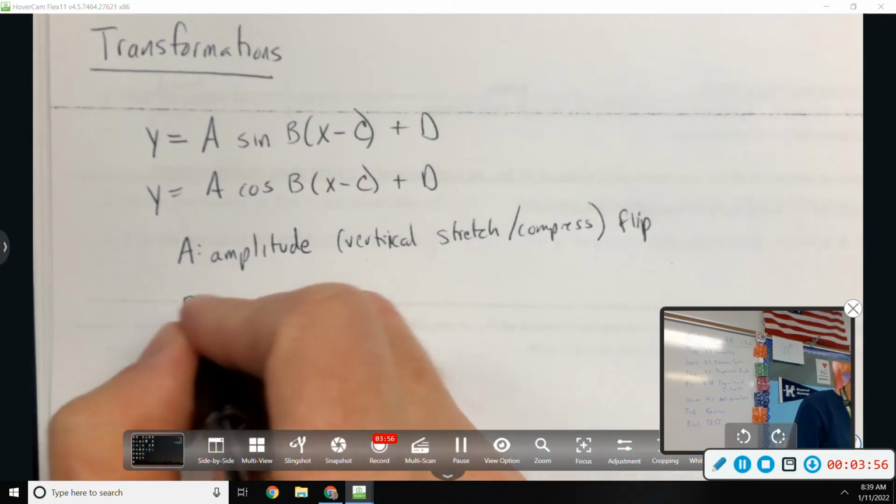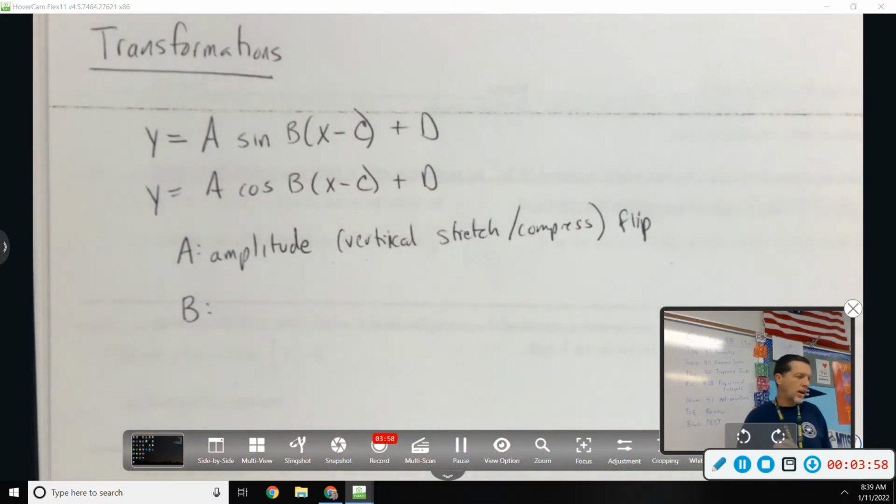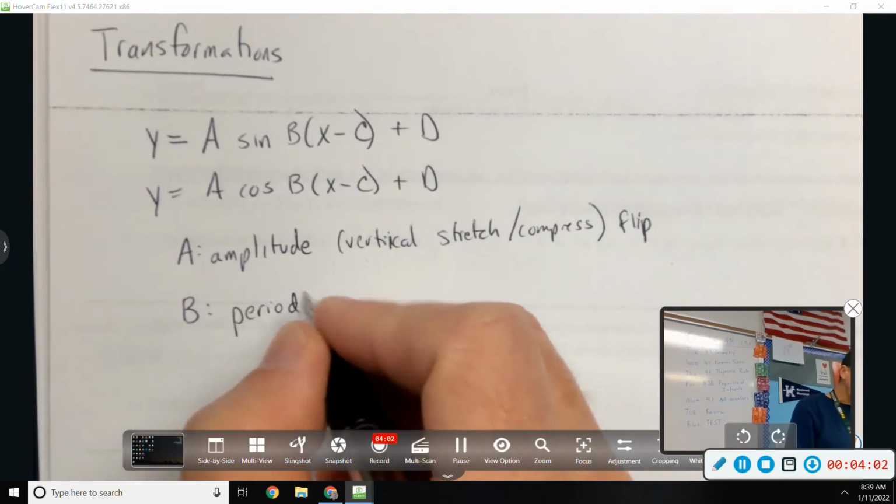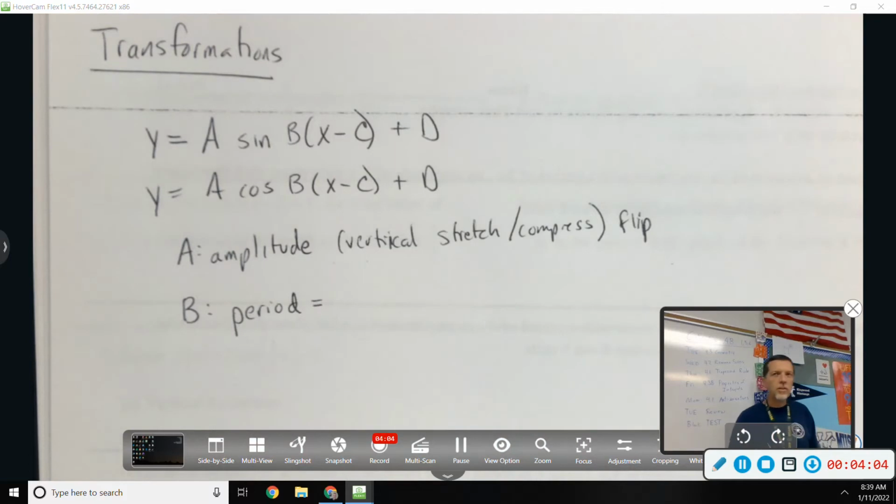What you don't know yet is what B does. B controls the period. So careful how I worded that. B is not the period. B controls the period. What's the normal period for sine and cosine? 2 pi. The normal period is 2 pi.